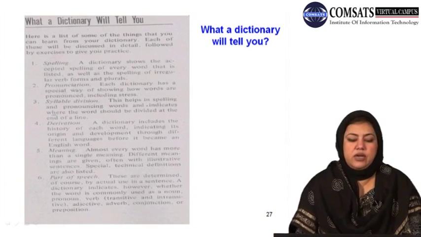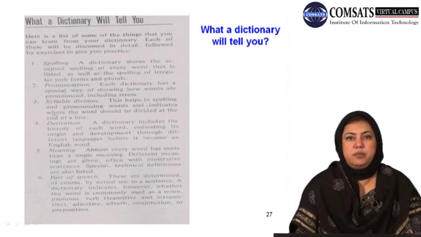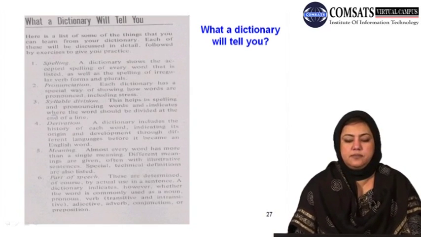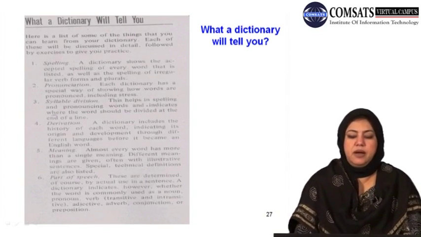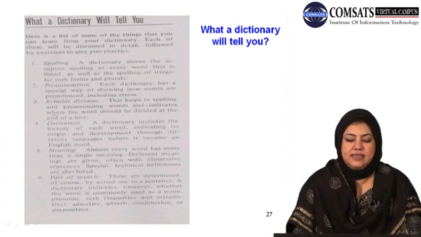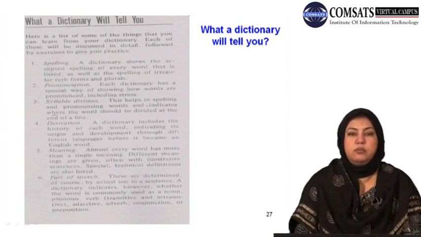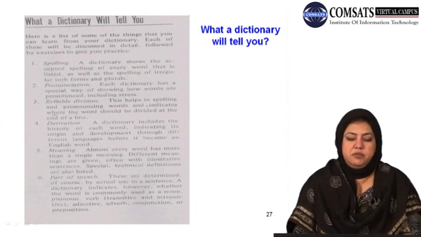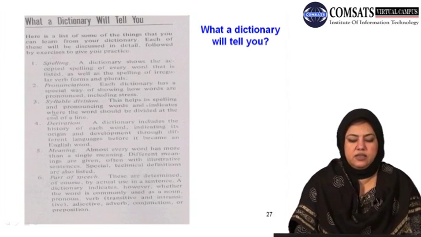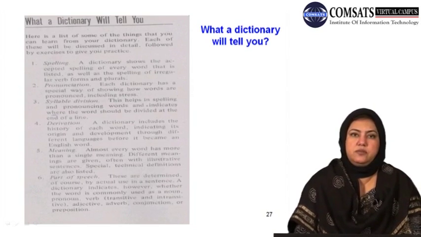The next thing what a dictionary would tell you is what part of speech a particular word is. Well, a part of speech is actually determined by its use in a real sentence. A dictionary indicates, however, whether the word is commonly used as a noun, pronoun, verb, and within verb even whether transitive or intransitive verb, whether it is used as an adjective, adverb, conjunction or preposition.